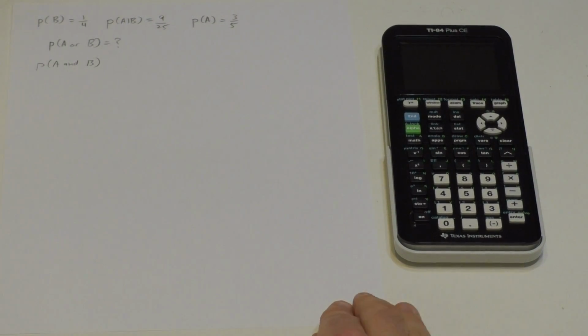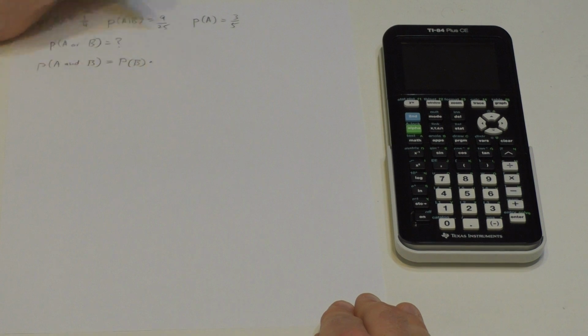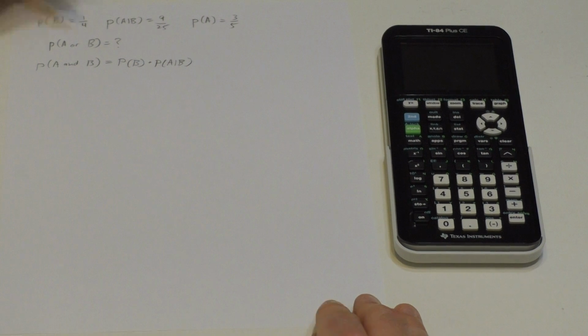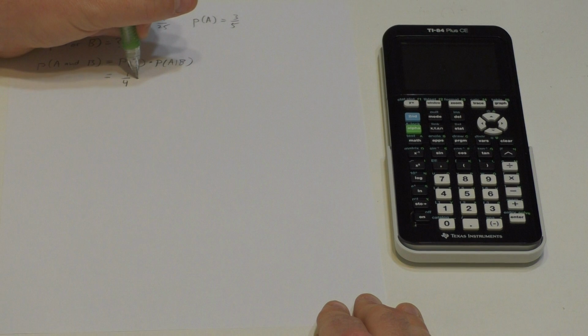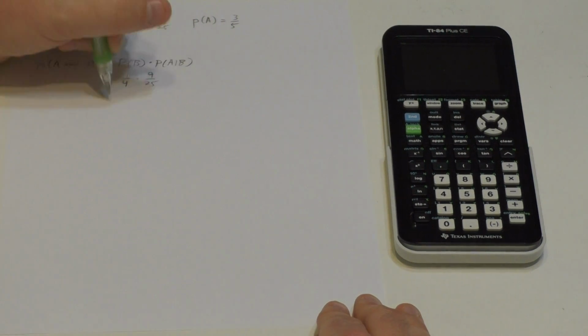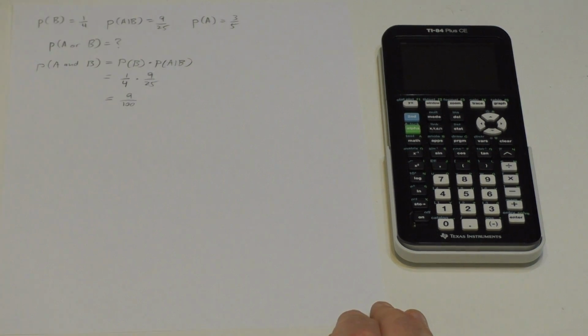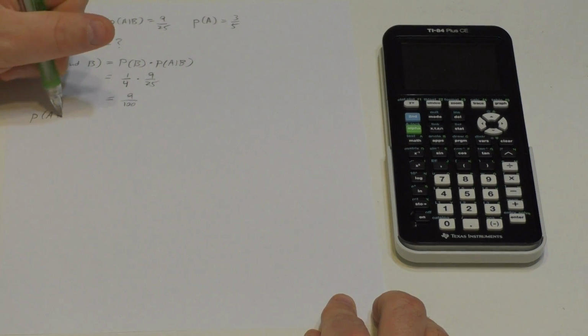How I'm going to do that is take the probability of B and multiply it by the probability of A given B. So that's 1/4 times 9/25ths, and that's just going to equal 9/100ths. Now we've got all the information we need to find A or B.